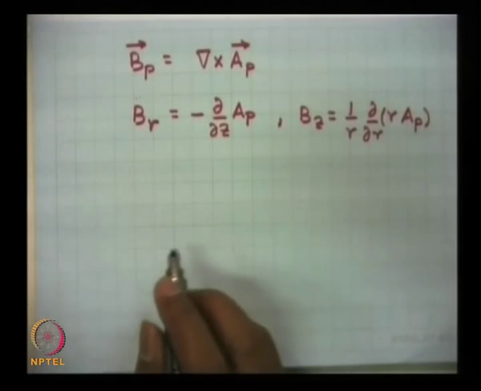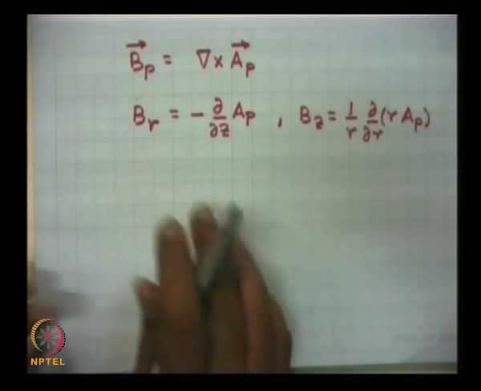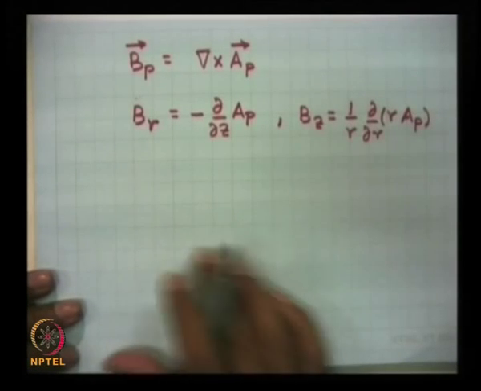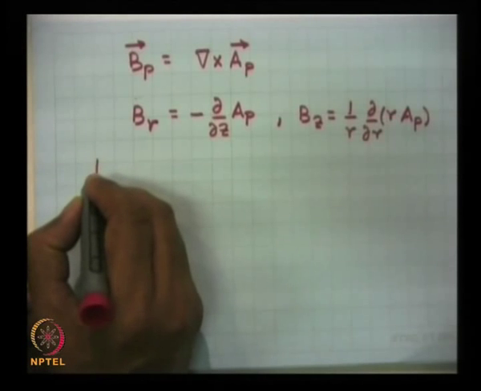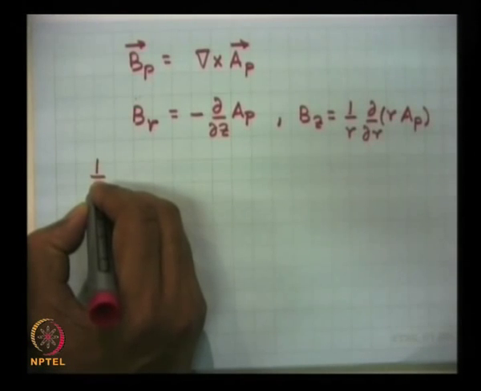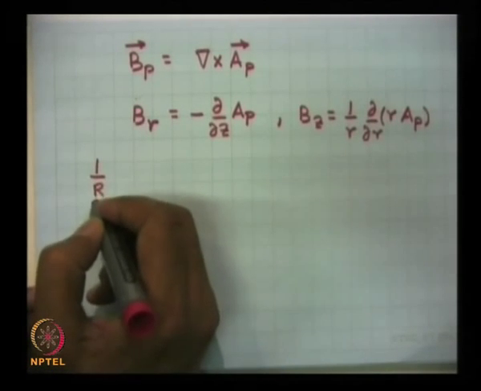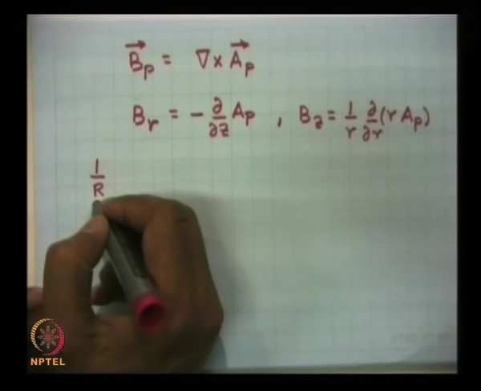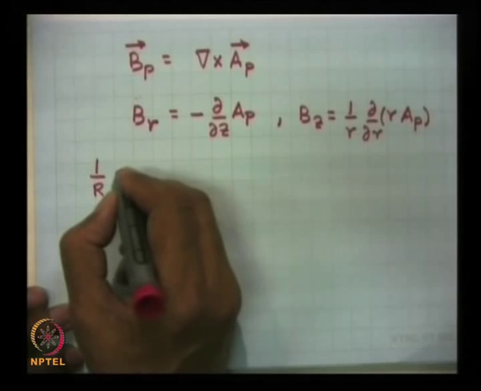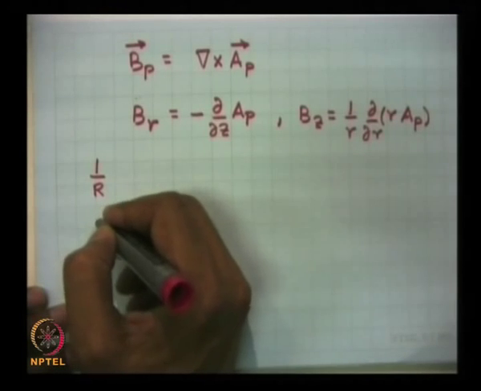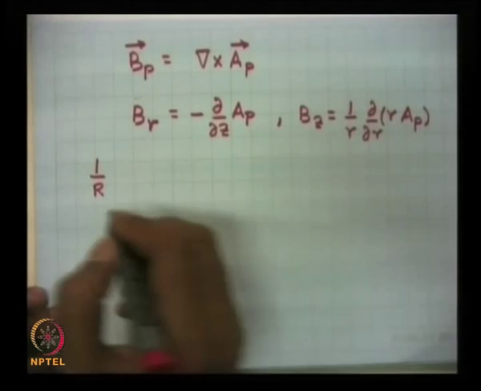So, these are the two components. If I substitute these two in the equation of azimuthal motion, I get 1 upon R. Sometimes people denote this small r, sometimes capital R. We are writing capital R as simply the variable coordinate or major radius coordinate.